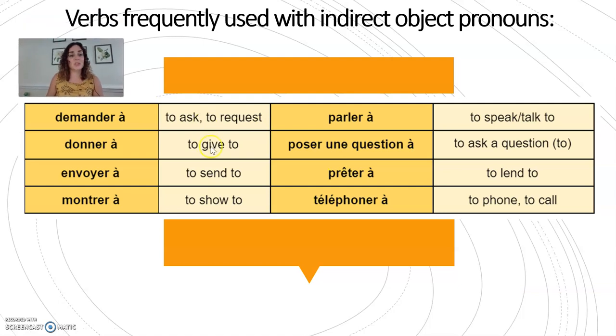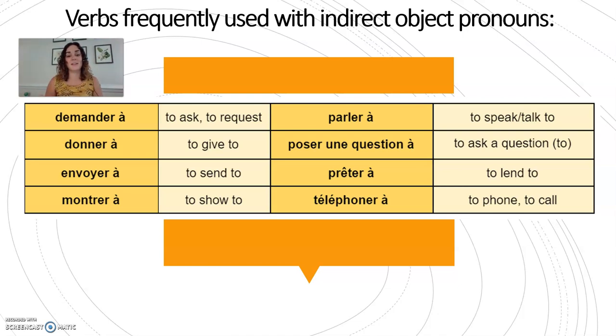You will use indirect object pronouns with these verbs a lot. There are lots of verbs that just happen to take indirect object pronouns. Here are some of the big ones. Demander à, to ask. Donner à. Envoyer à. Montrer à. Parler à. Poser une question à. Prêter à.